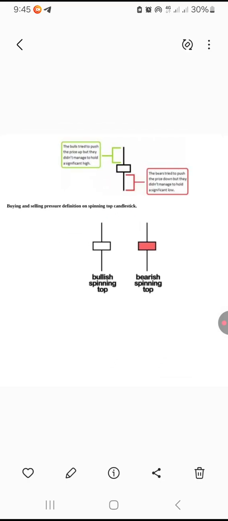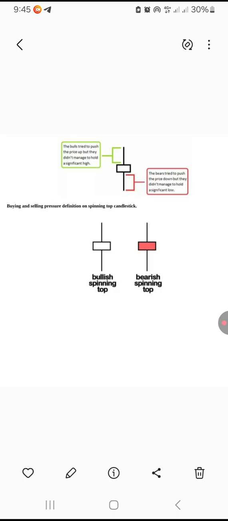So let us talk about these spinning tops. Is that okay? Okay.